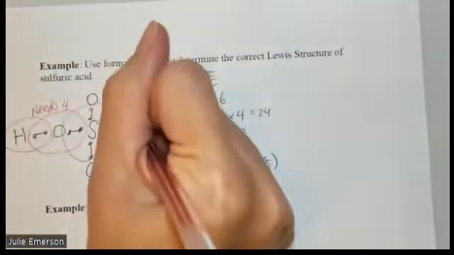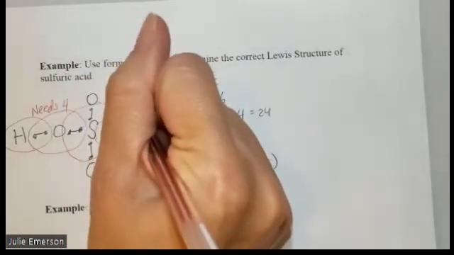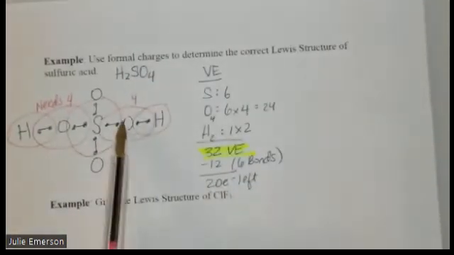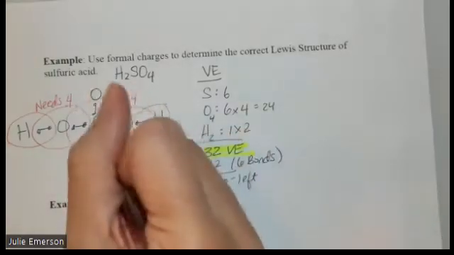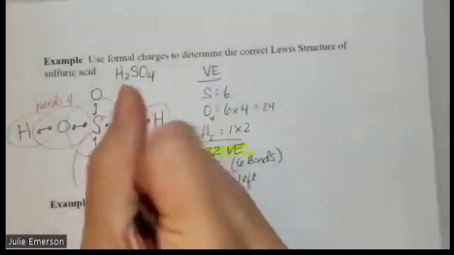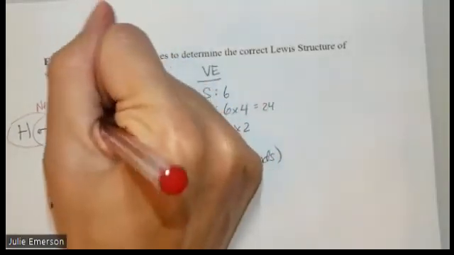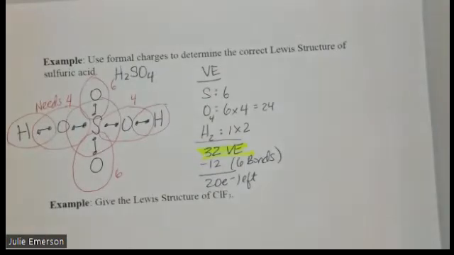So again, we always want to target the 8. We want the octet rule. So both of those oxygens in the circle have 4, need 4 more. The oxygens with the single bond have 2 electrons. They would need 6 more. All right, so when I add up all of the electrons that would be needed, 6, 4, 6, 4, there's my 20.